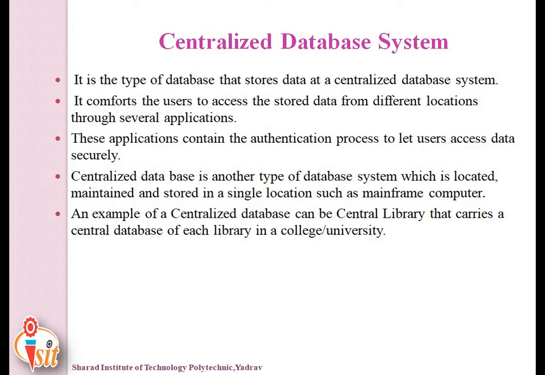Data stored in the centralized database system is accessed across the network computers. Here users access a centralized database through a network that can give access to the CPU, which in turn maintains the database itself.